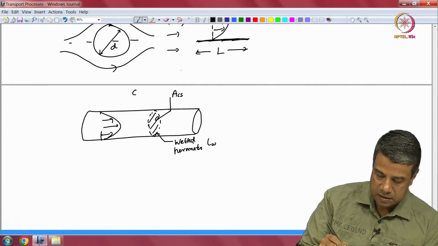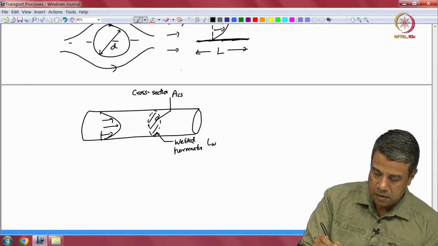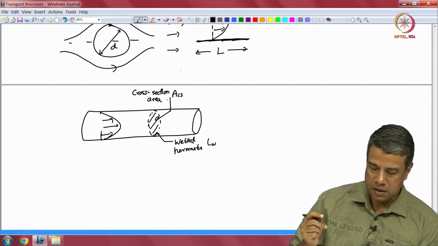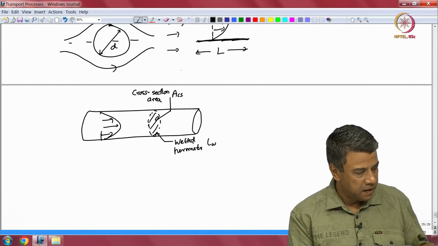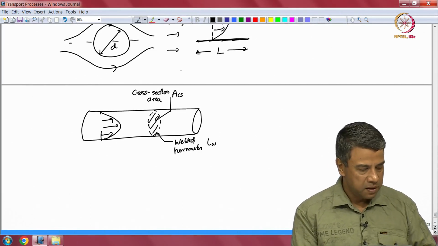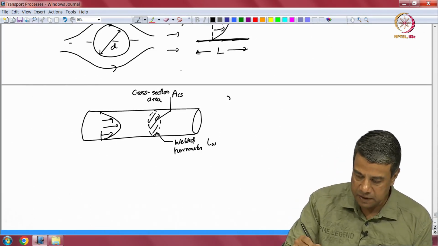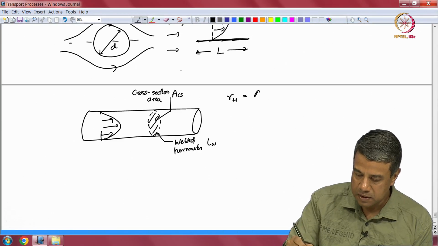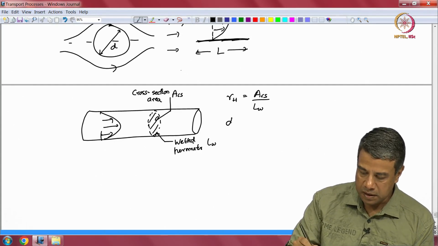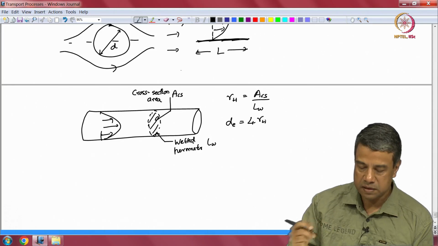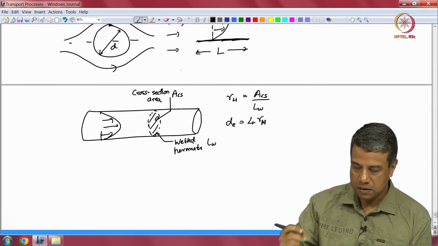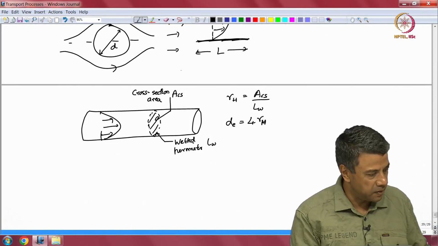Cross sectional area is ACS and wetted perimeter is LW. So, for flow within a conduit, the hydraulic radius is defined as RH is equal to ACS by LW, and the equivalent diameter is equal to 4 times the hydraulic radius. That is the way it is defined.